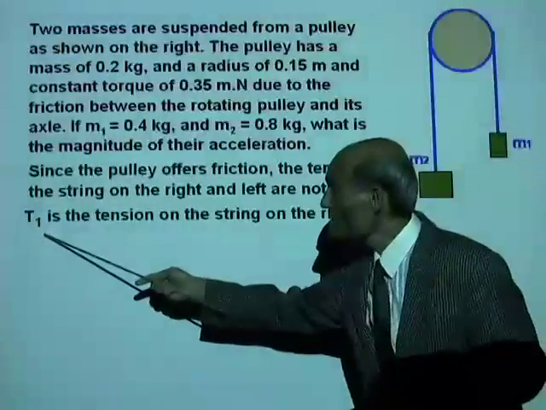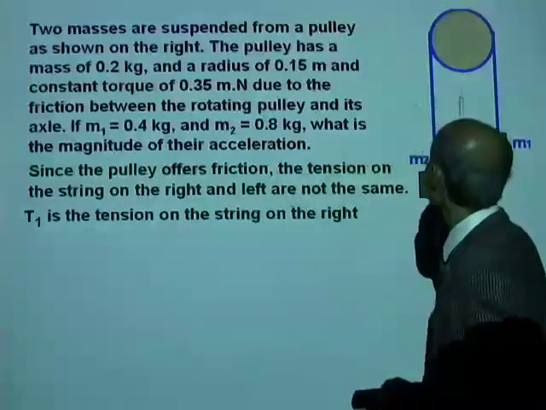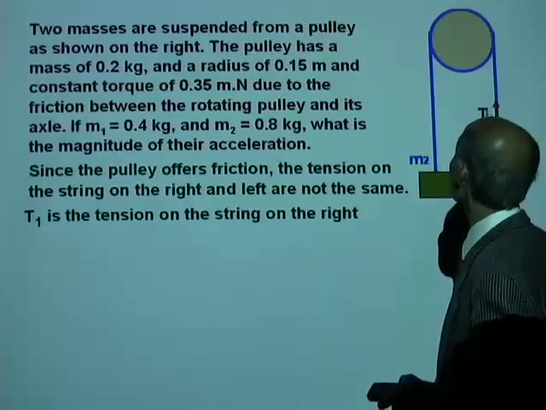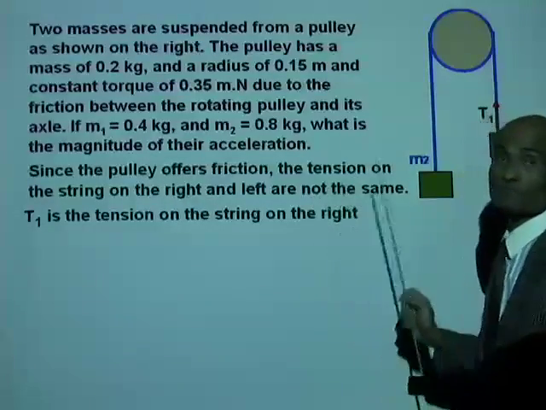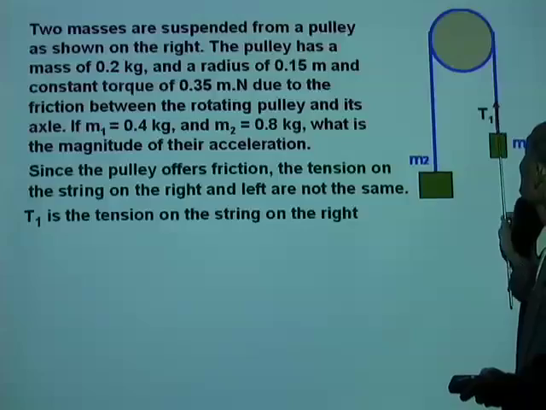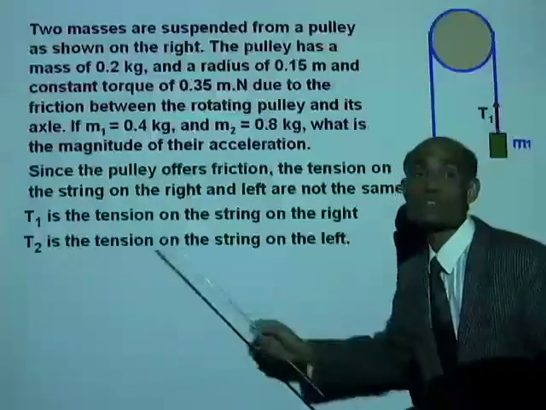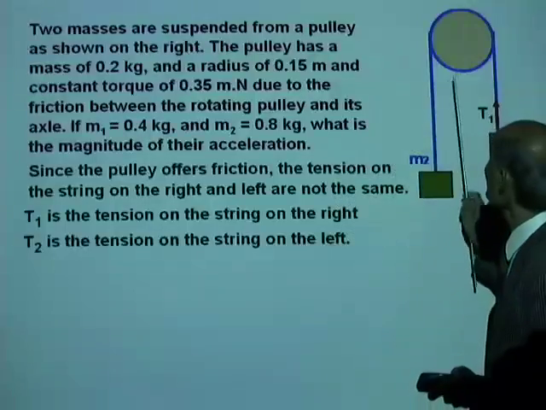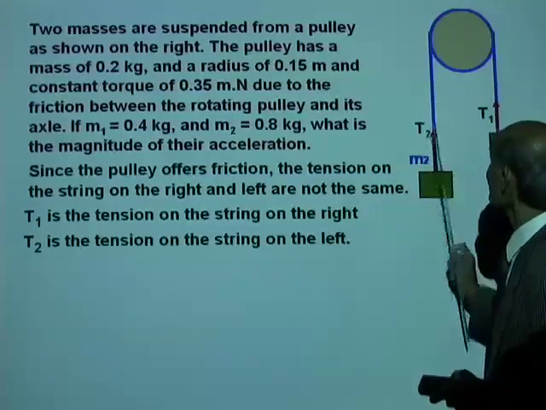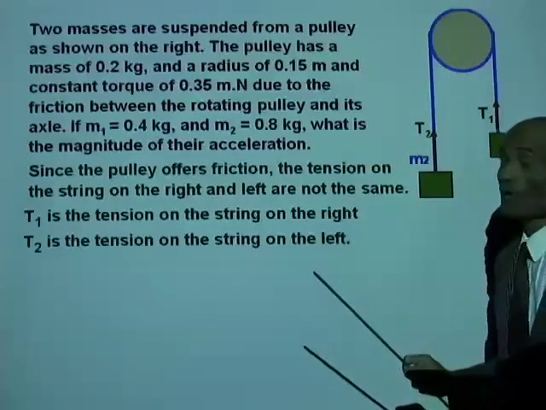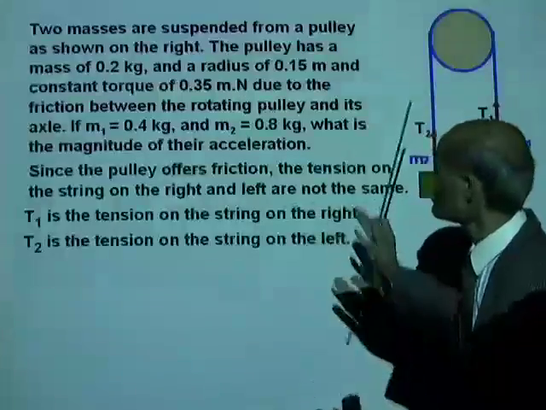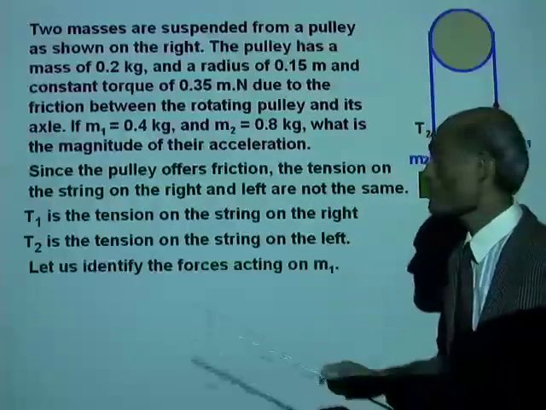So let T1 be the tension in the string on the right. So this is T1. And let T2 be the tension in the string on the left. Okay. Now, in which direction do you think the system will be moving?